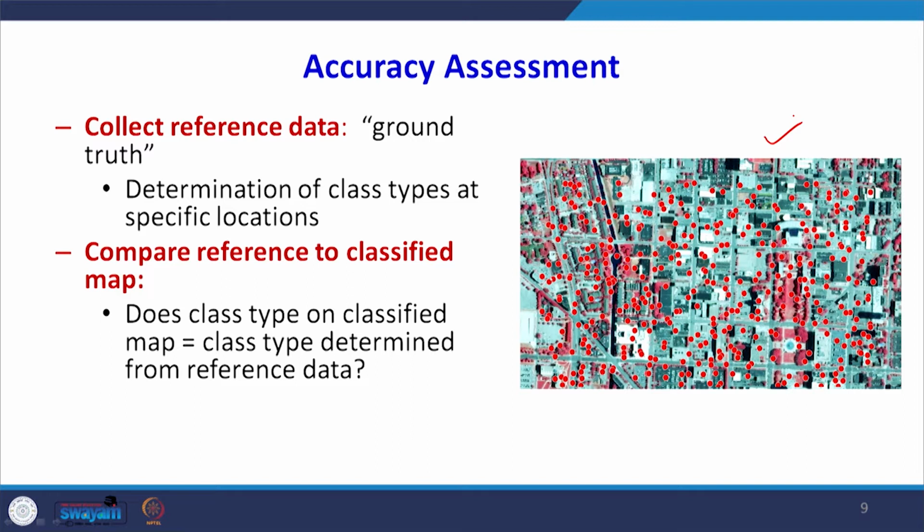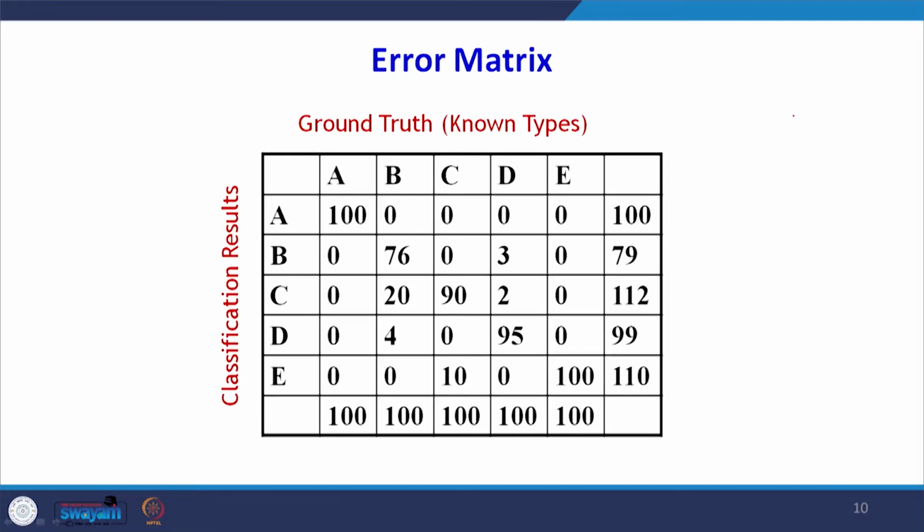If the ground data has some error, then that will be reflected in our accuracy assessment procedure also. So, very carefully one has to collect the reference data or the ground data, and then compare it with the classified map. So, this is the error matrix.